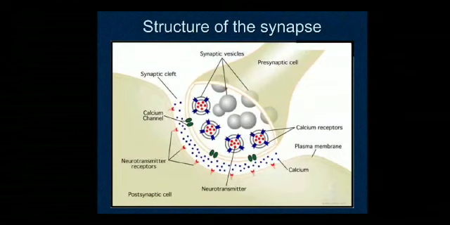These vesicles contain the neurotransmitters, and you can see there are so many calcium channels present in the presynaptic membrane, and we have the receptors present on the postsynaptic membrane. So this is the structure of a typical synapse.